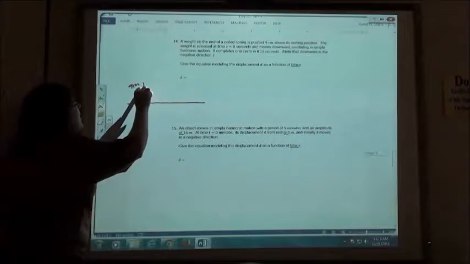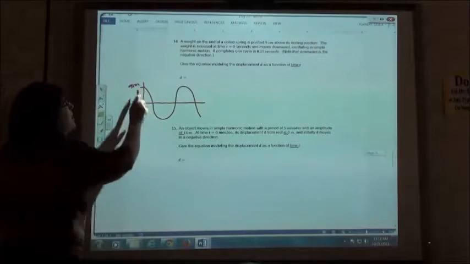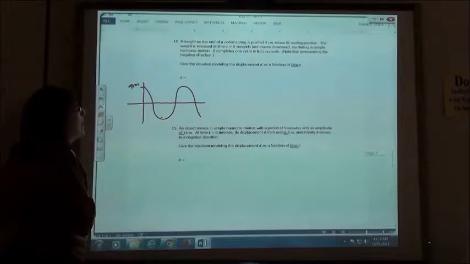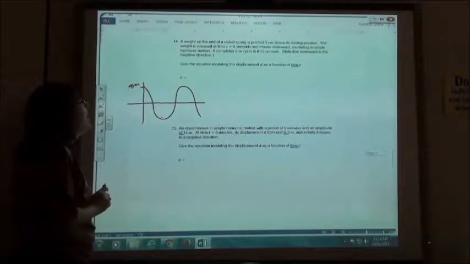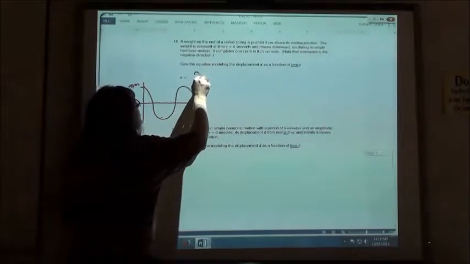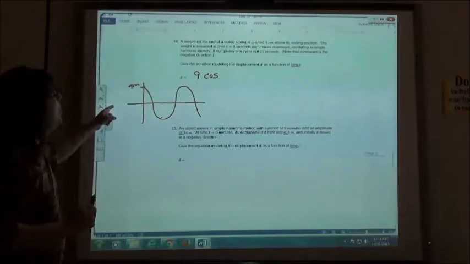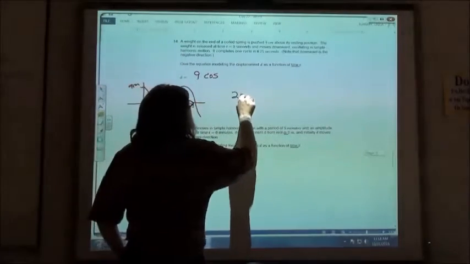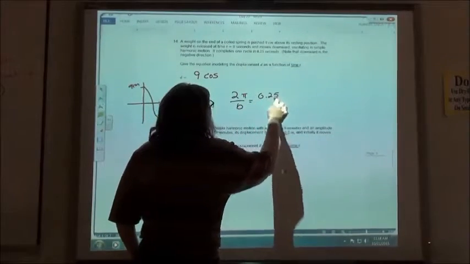So it starts here, it's going to move downward and have simple harmonic motion, which tells me here if it's starting up here and moving downward, I have my cosine curve with an amplitude of 9 since it's starting 9 centimeters above there. So 9 times the cosine. One cycle takes 0.25 seconds. So 2 pi over b is going to equal 0.25.